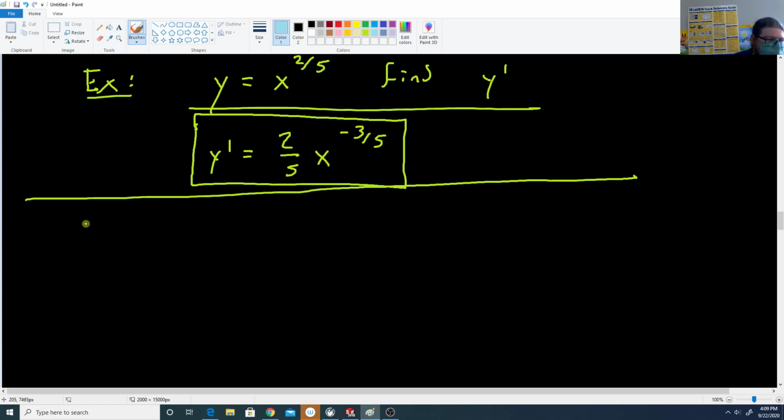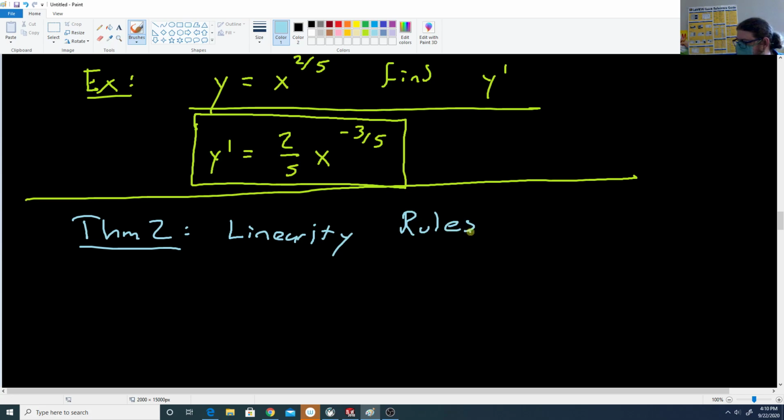Okay, so we're going to get theorem 2. This is going to be what's called linearity rules. So we're going to assume f and g are differentiable. That means f and g's derivative exists everywhere the f and g functions are defined.